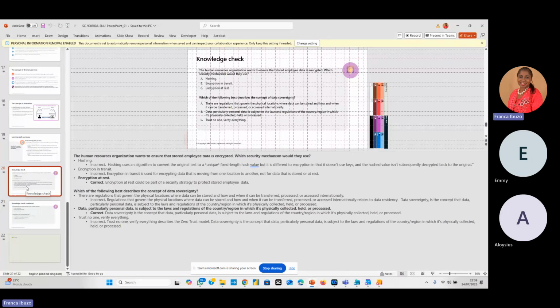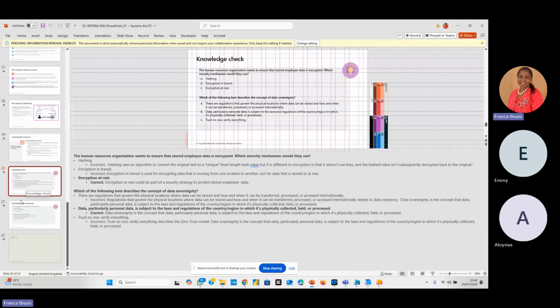And the second question says, which of the following best describes the concept of data sovereignty? The correct answer here is B. Data sovereignty is the concept that data, particularly personal data, is subject to the laws and regulations of the country in which it's physically collected, held, or processed.